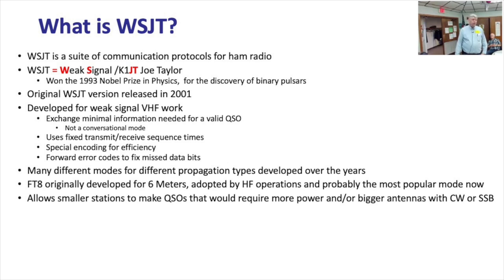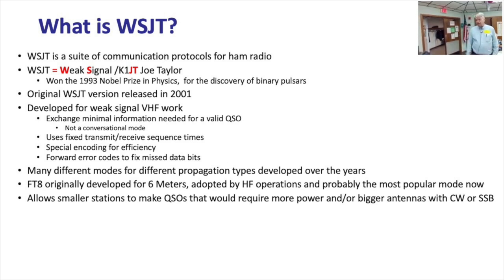The signals are so weak, or the signals are only there very short periods of time. So they had to come up with some ways of having a format for the QSOs, what was considered a completed QSO, and they came up with a whole set of protocols. And so when he came up with WSJT, he actually used those same types of timing and frequency protocols in developing it. And we'll go into that a little bit deeper.